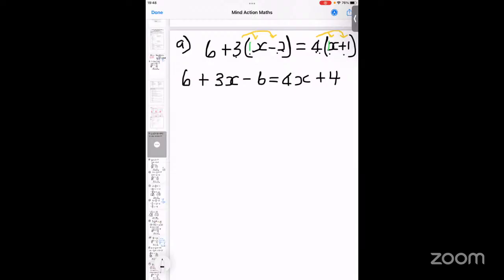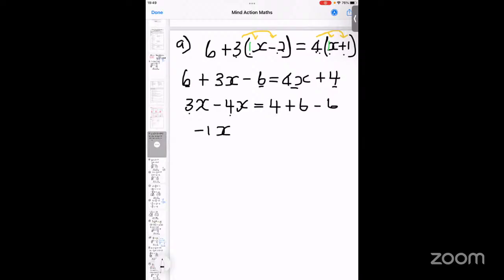It therefore looks like we are having 3x. I'm going to take this to the left-hand side. It becomes minus 4x. Already, there was 4 on the right-hand side. I'm going to take this 6, and it becomes a positive 6. I'm going to take that 6, and it becomes negative 6 on that side. So 3 minus 4, trust me, it will give you negative 1x.